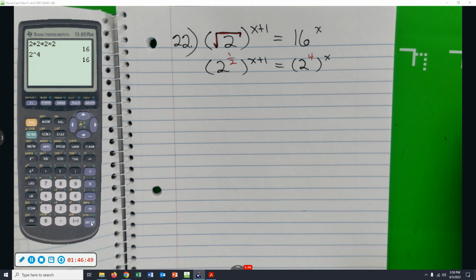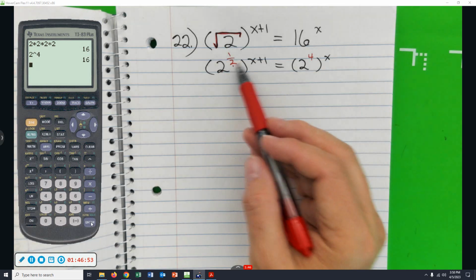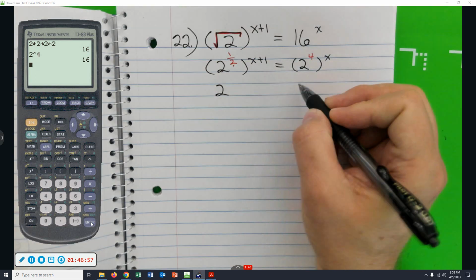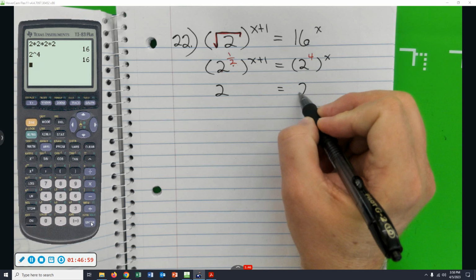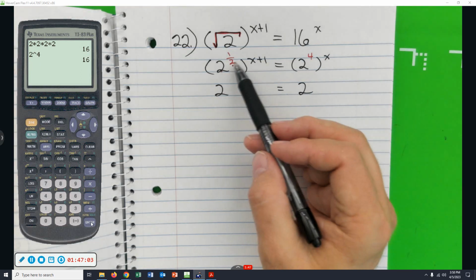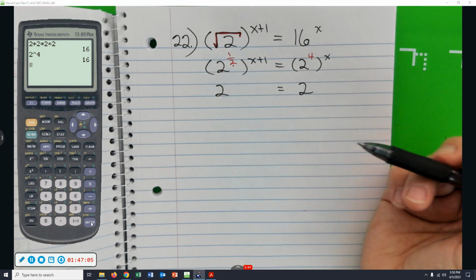You have to have the bases be the same, and you can't have exponents. We have powers raised to powers. What are you going to do? My way or your way? I'm going to say power raised to power. What do we do?